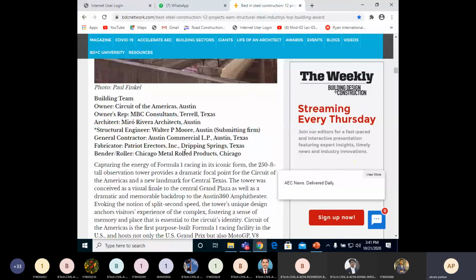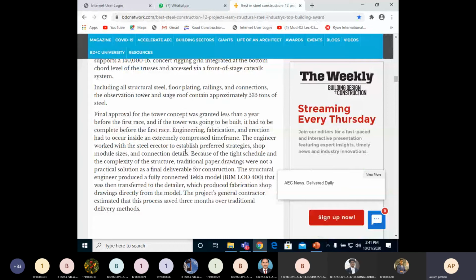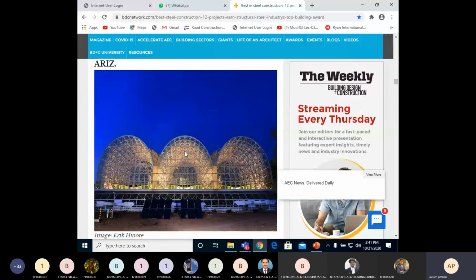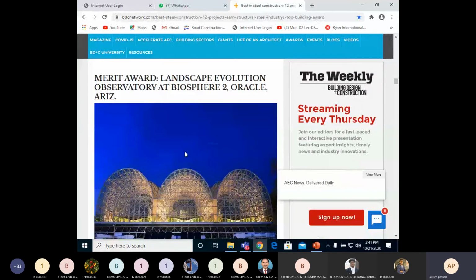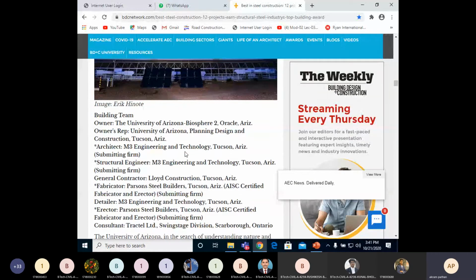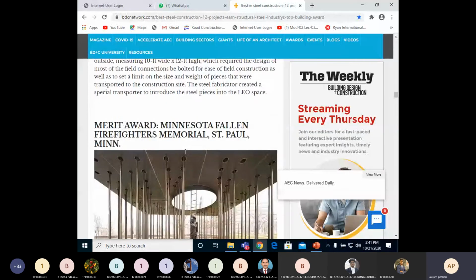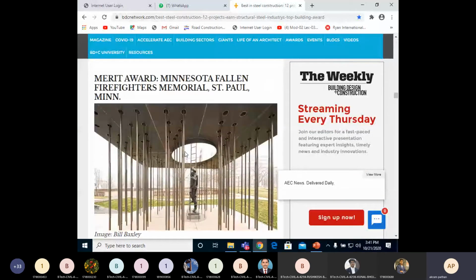Why am I showing all of you these particular structures? Because they are adopted throughout the world. So this is another structural member.